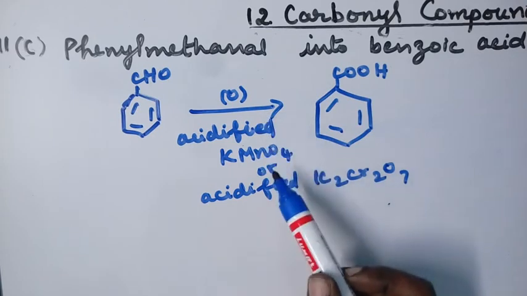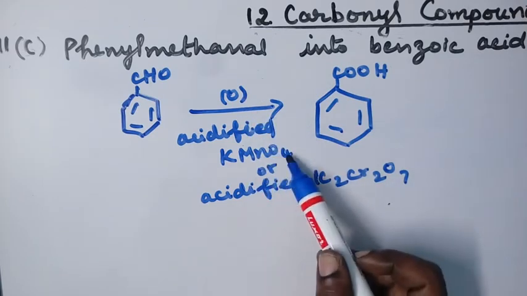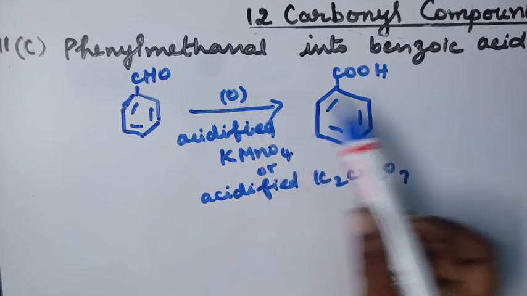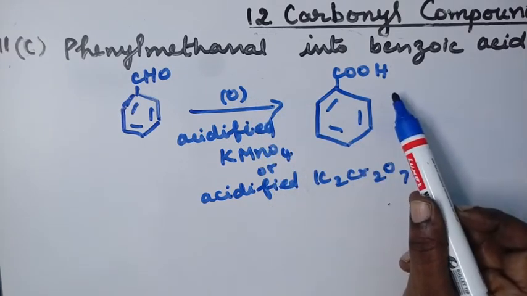In the presence of acidified KMnO4 or acidified K2Cr2O7, we get benzoic acid.